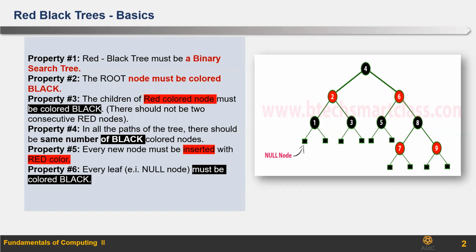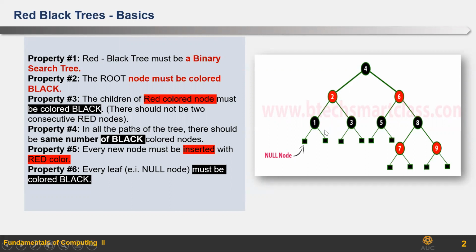This is number one. Number two, the root is always black. Number three, the number of black nodes starting from the root till the leaf, or till the null nodes, is exactly the same.